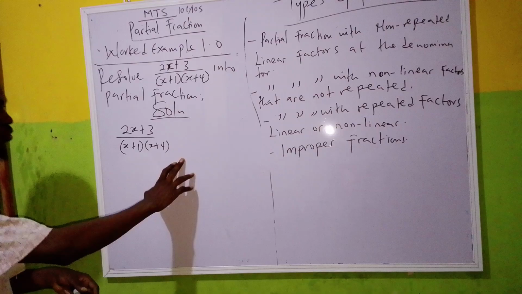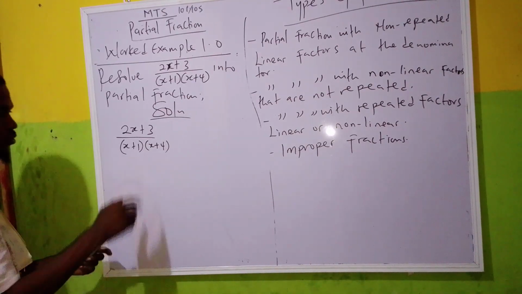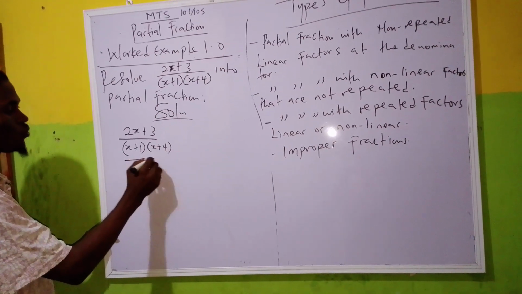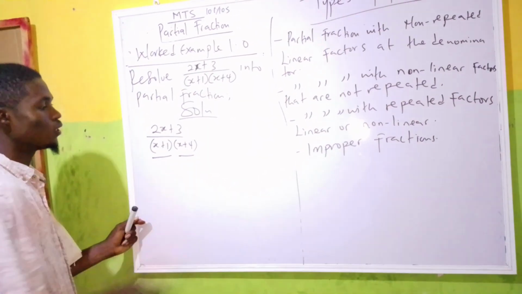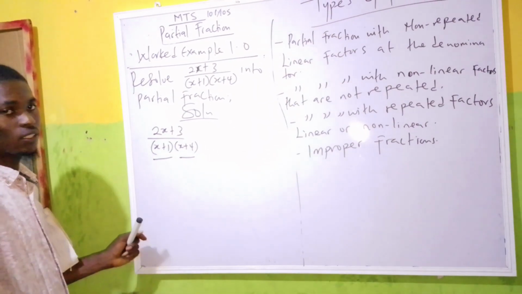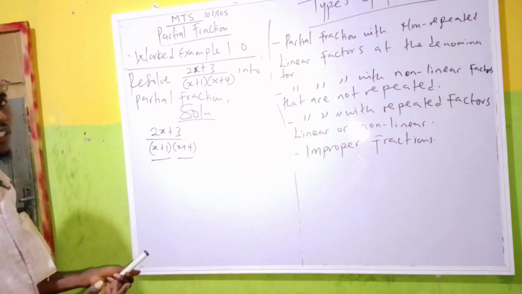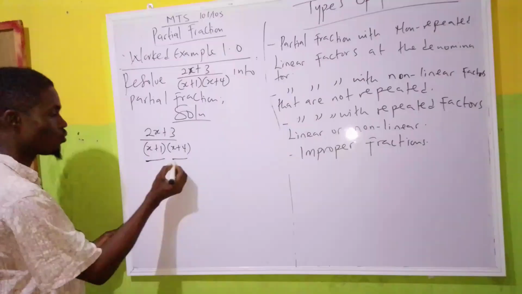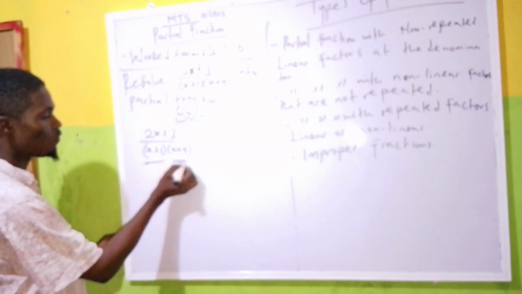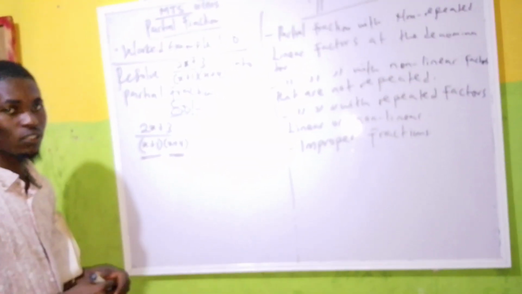So look at the denominator. This is what we call a factor. We're having 2 factors here, and these 2 factors are linear. Something is called linear when it is carrying the power of 1. So they are both linear factors, and neither of them is repeated.